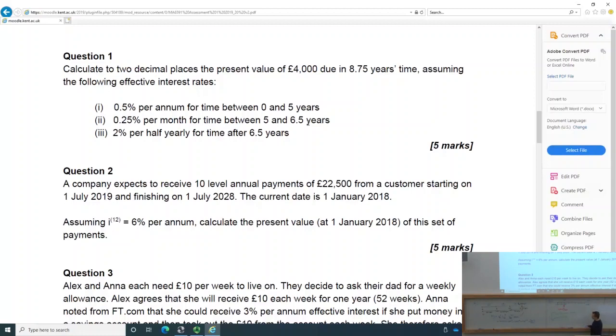So we're working in annual units here, so we need an annual interest rate i. How do we get from the monthly one to the yearly one? 1 plus i to the 1/12, to the power of 12, minus 1 will give us i.